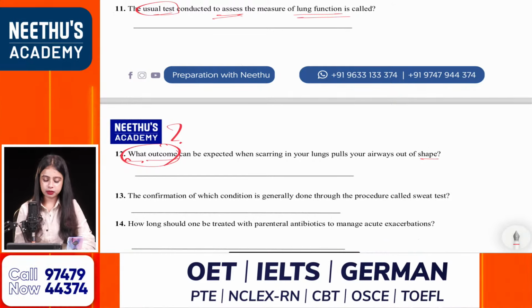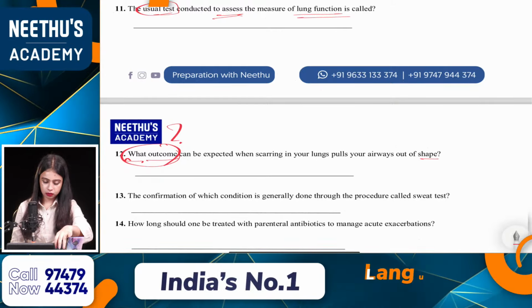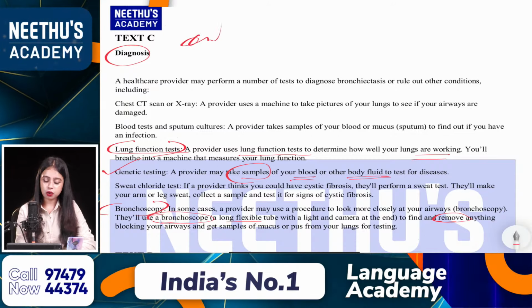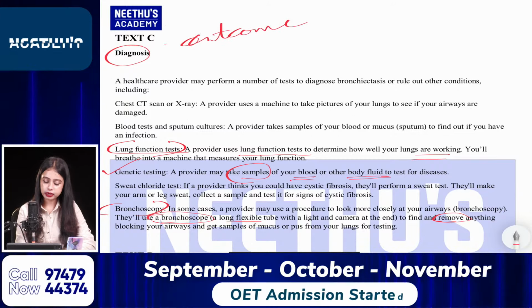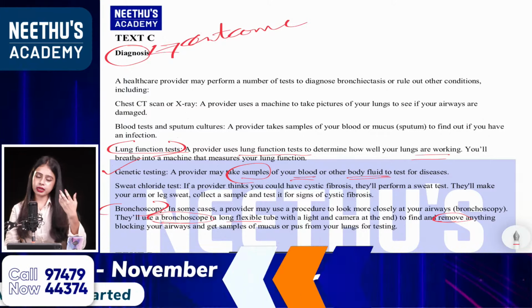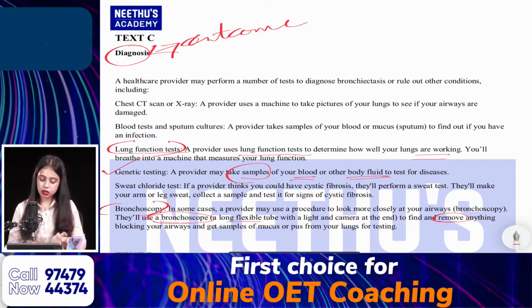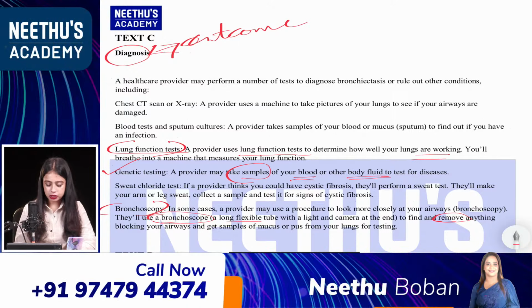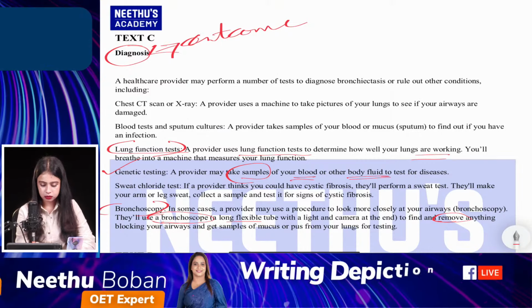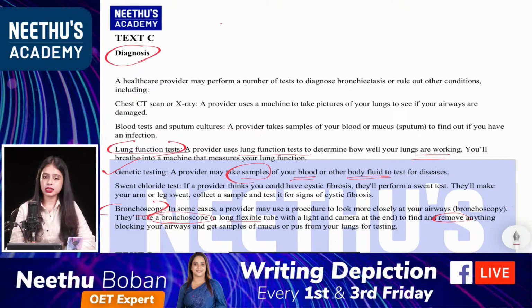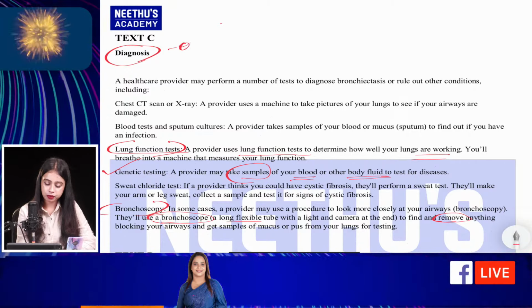What is the result? What is the output we get? What is the outcome? Outcome is related to diagnosis. When we do identification, we get a kind of outcome. So what outcome do we get there? What is the outcome here? Is it from text C or no?